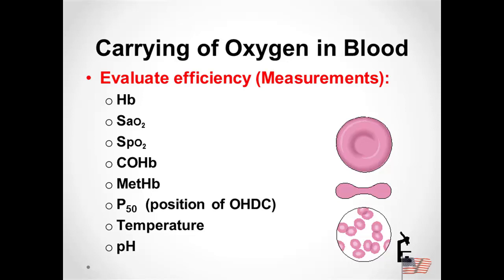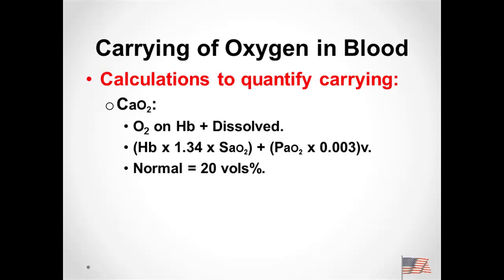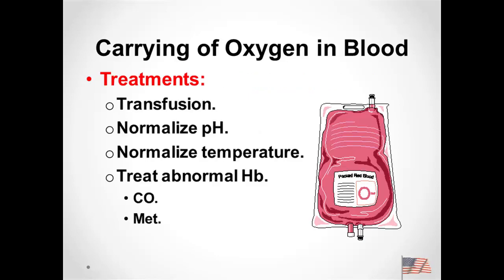P50, remember? The partial pressure at 50% saturation, normal value 27, tells me the shift of the curve, left or right. Oxygen content, that doesn't go away either. And how we treat a low oxygen carrying capacity is transfusion, but really we don't transfuse unless the hemoglobin gets below 7.